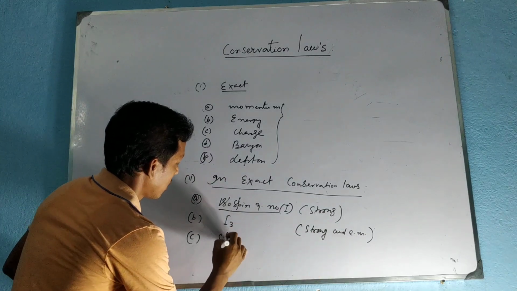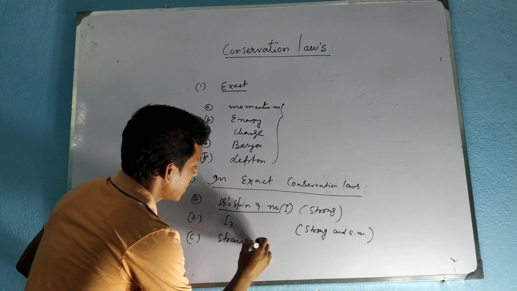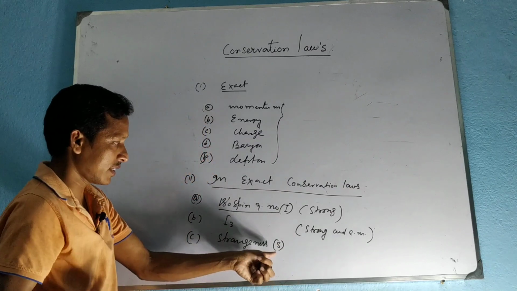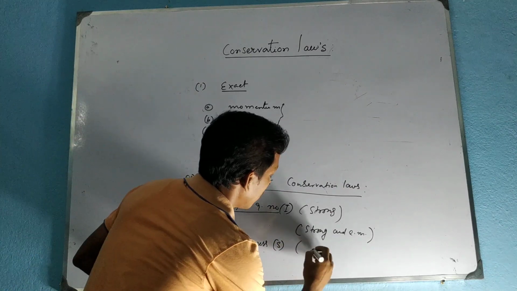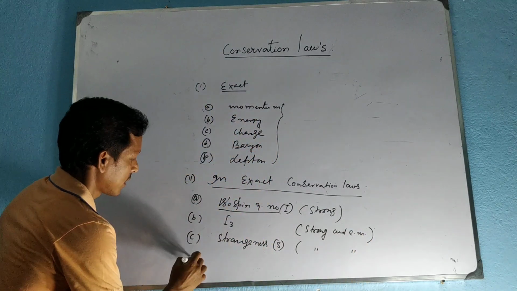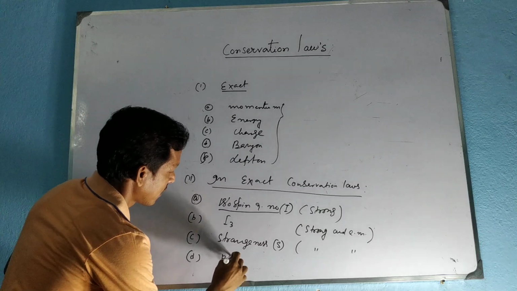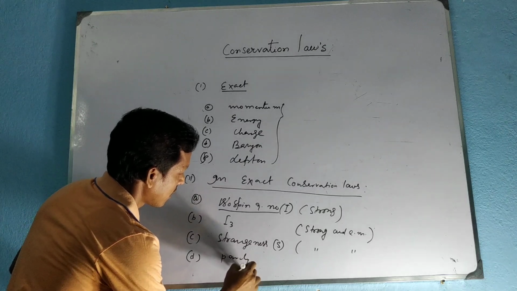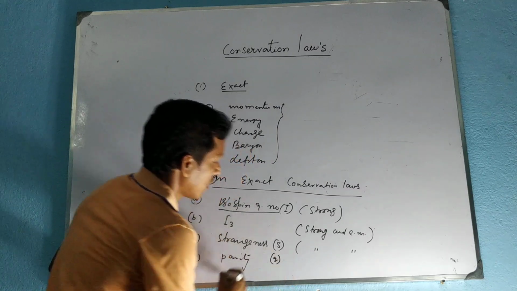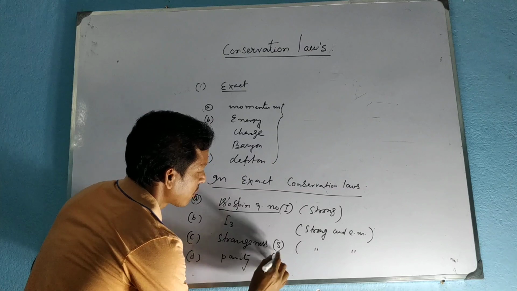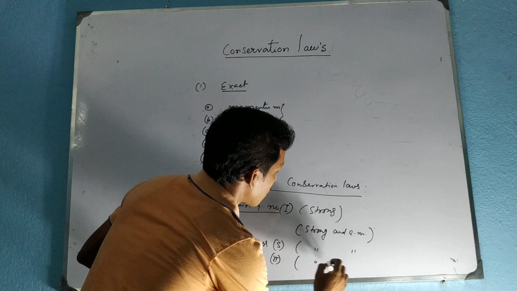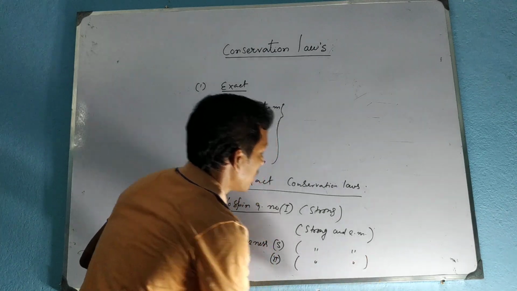Number three, strangeness quantum number. The strangeness quantum number is denoted by S, and this quantum number is conserved again in strong interaction and in electromagnetic interaction. Number four, parity. Parity is another quantum number, denoted by pi, and it is conserved again in strong interaction and electromagnetic interaction.